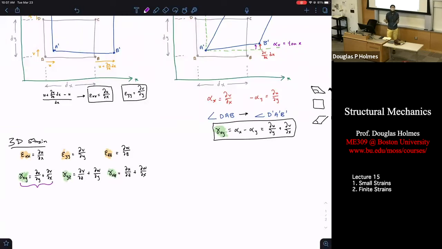And the reason why this is important is because everyone's always going to write epsilon xy, epsilon yz, epsilon xz, and you need to know that epsilon xy is equal to 1/2 of gamma xy. Epsilon yz is equal to 1/2 gamma yz, and epsilon xz is equal to 1/2 of gamma xz.